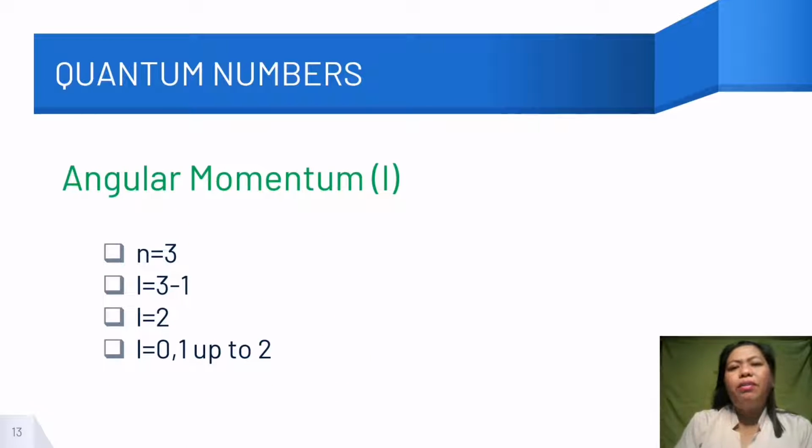Angular momentum, or azimuthal. For example, if one electron has an n value of 3, this will have l values from 0, 1, up to 2, which is the result of our formula.